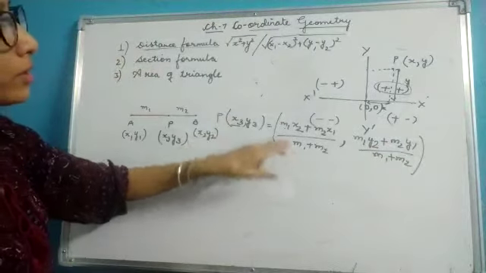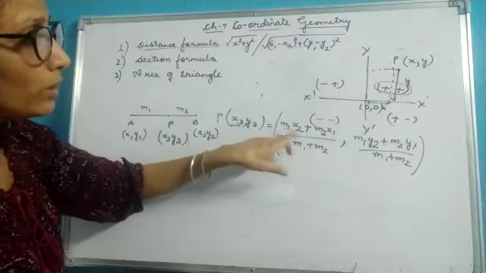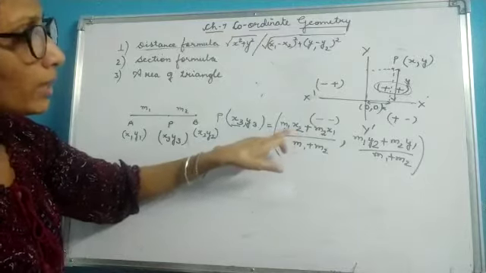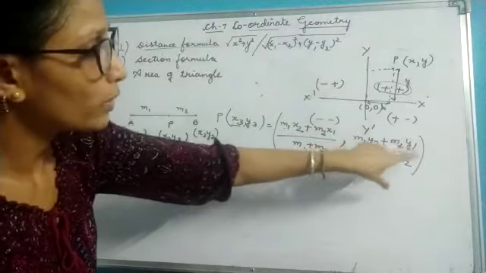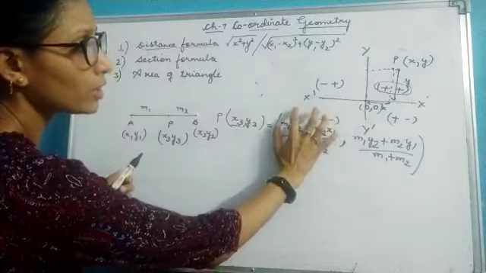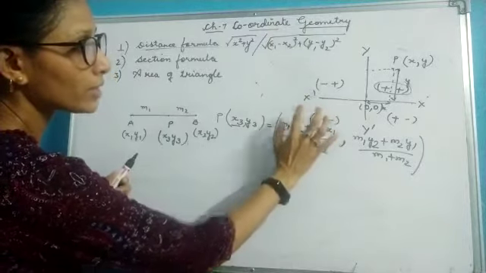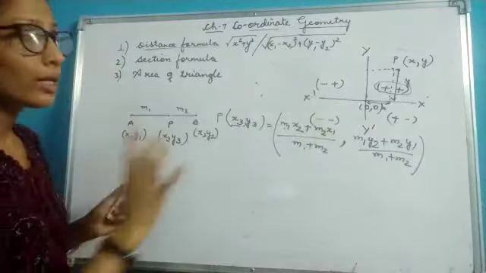Easy to remember. You just take M1, with it you take x2. 1 cannot be written together, so 1 and 2, 2 and 1. Here also 1 and 2, 2 and 1. Children, this is just your x, representing your distance from y-axis. So here I have included only x points and here I have included only y points. So what do you have to do?